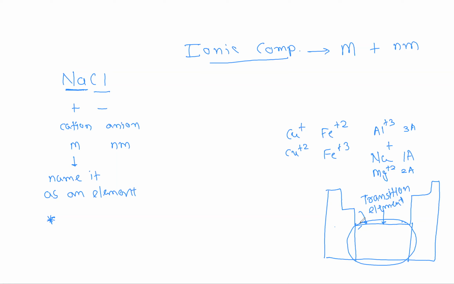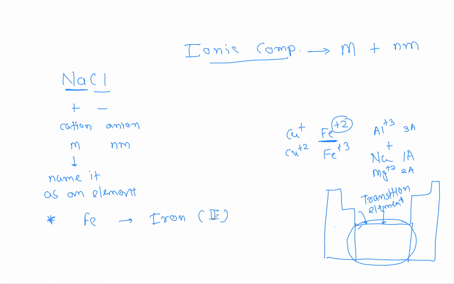Okay. And whenever we talk about the transition elements, we just need to write a Roman numeral. So for example, if we're going to talk about Fe +2, what are we going to call this? Fe is basically called iron. Because in that example it is carrying +2 charge, we are just going to write a parenthesis and Roman numeral, which is 2.